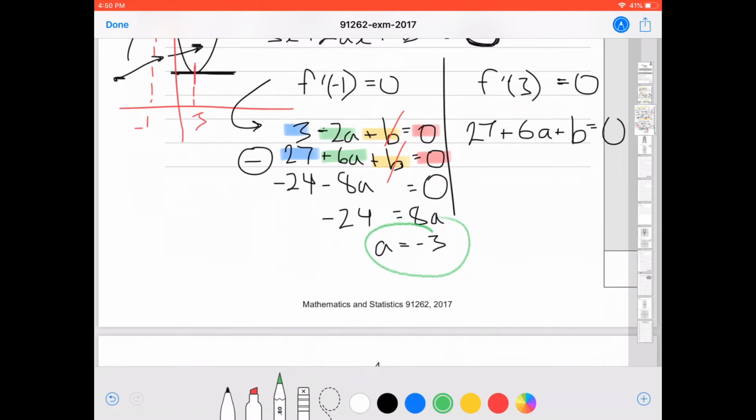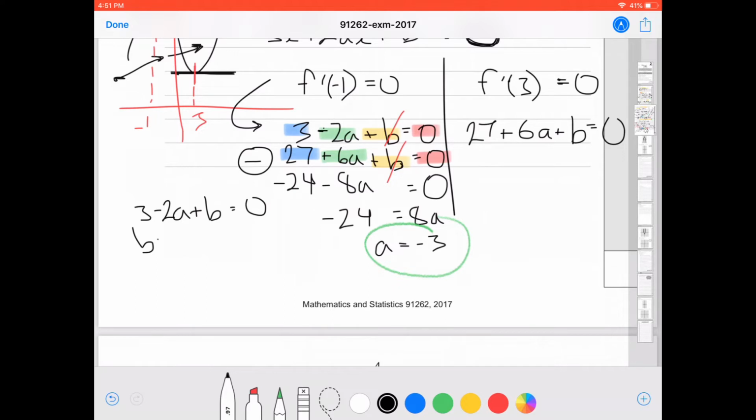Now we need to complete our simultaneous equations and solve for b. We can take any of our equations and solve for b. Let's take 3 minus 2a plus b, which is going to be the easiest way of doing it. And so we could say b equals minus 3 plus 2a.